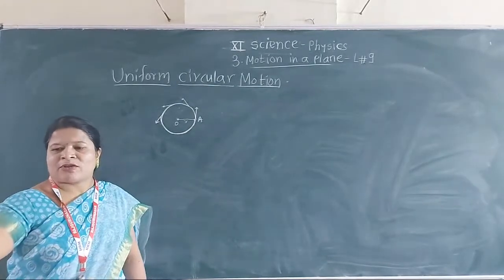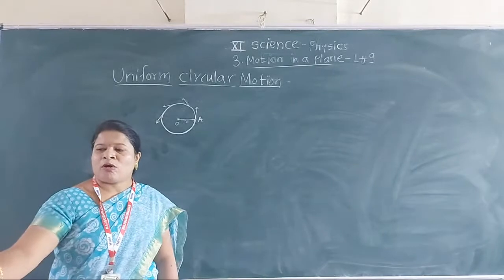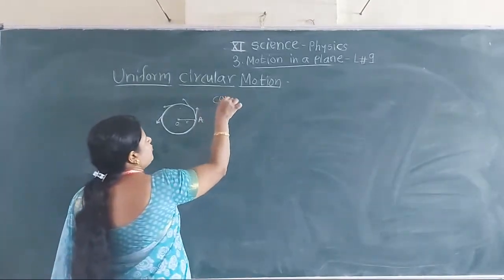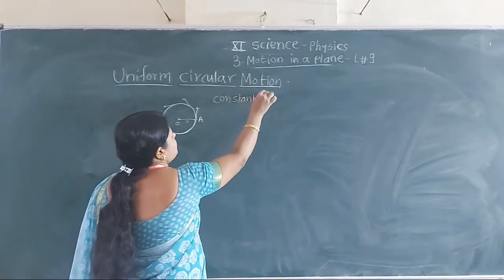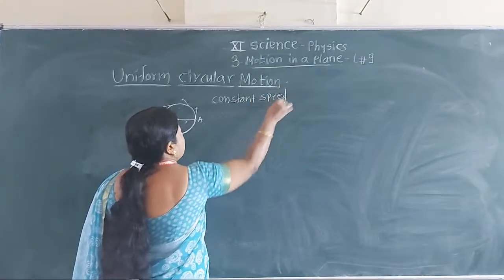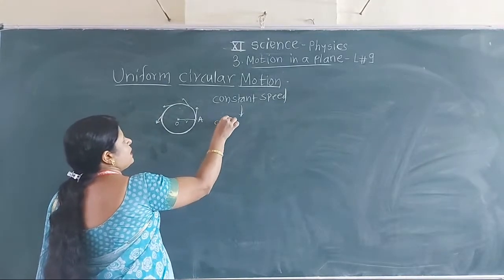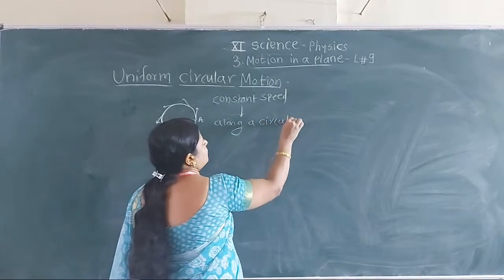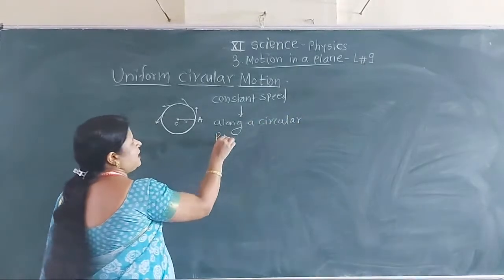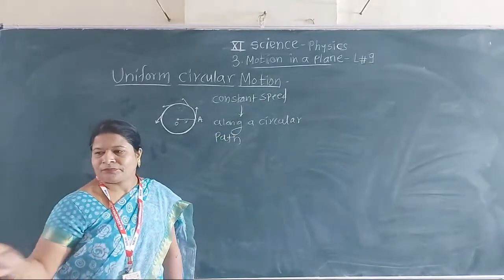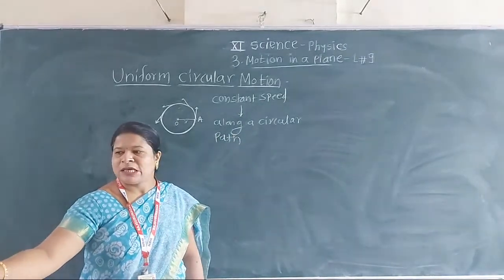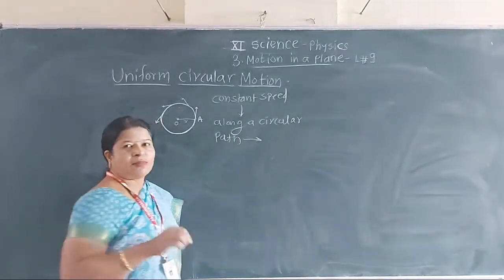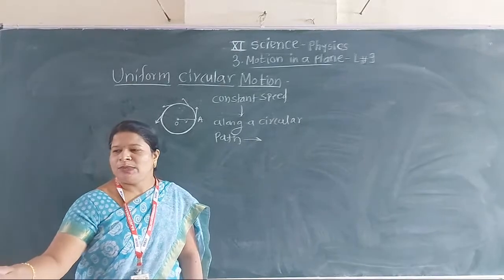So uniform circular motion we can define as an object moving with a constant speed along a circular path is called a uniform circular motion of an object.